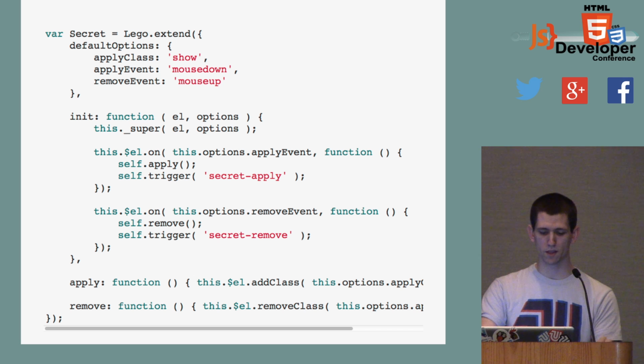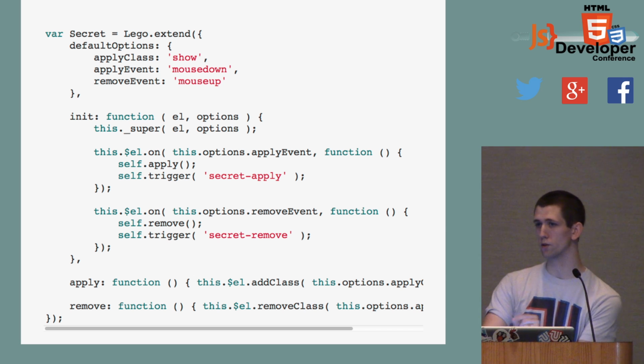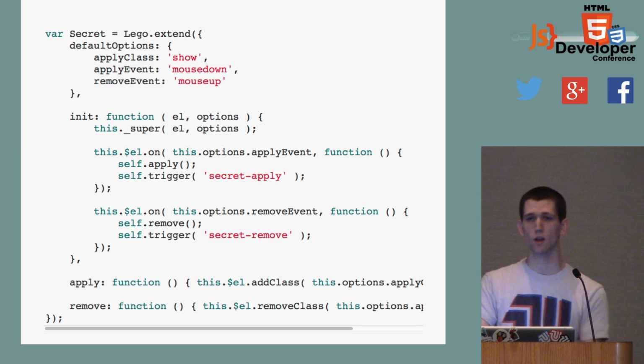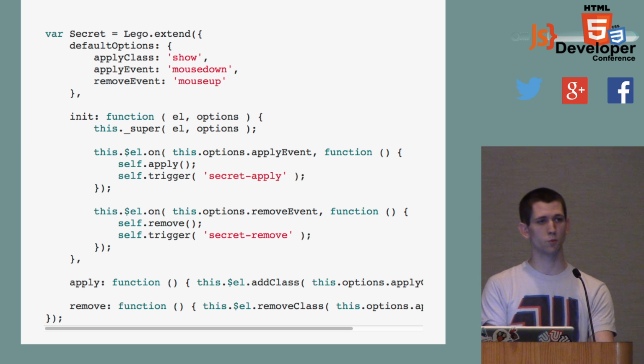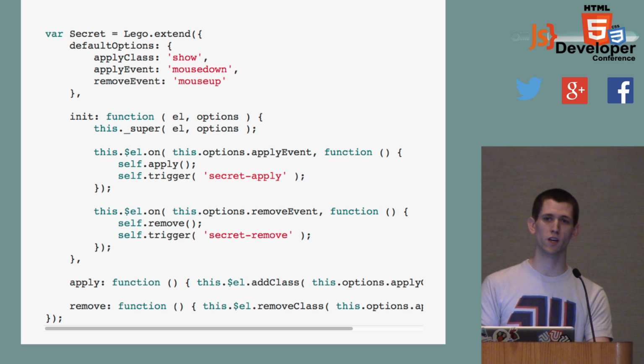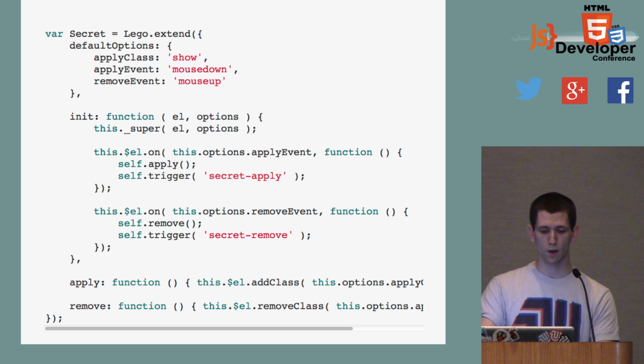Here's the apply method. It is, again, calling addClass, but the class name here is a lookup into that options object. I'm not just adding a show class. That's really nice because a lot of the time, as I move from project to project, CSS naming schemes change. A class name like show might not really be what you want to be toggling, so you have the ability to override it when you call the constructor. Then the next thing I do is trigger an event.